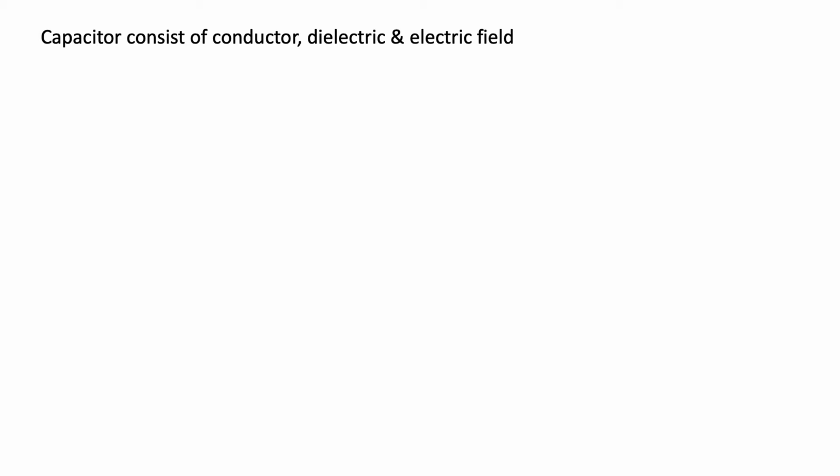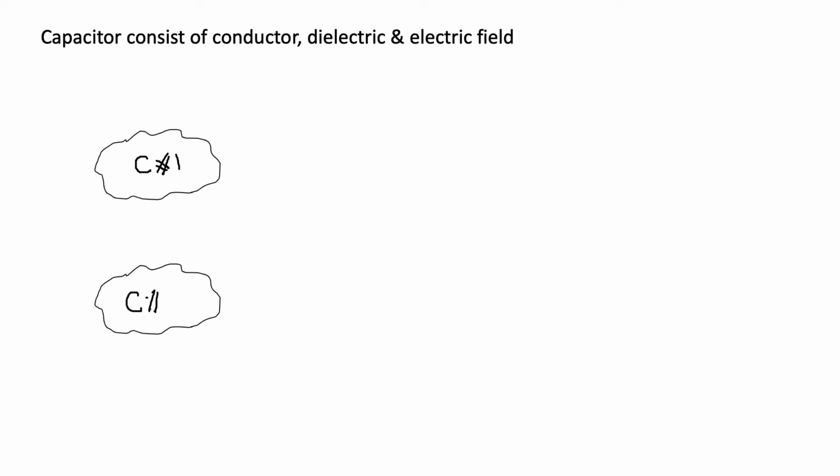Let's say we have this material or area, and I'm going to label this one as conductor number 1 and this as my conductor number 2, and between conductor 1 and conductor 2 I have a dielectric.